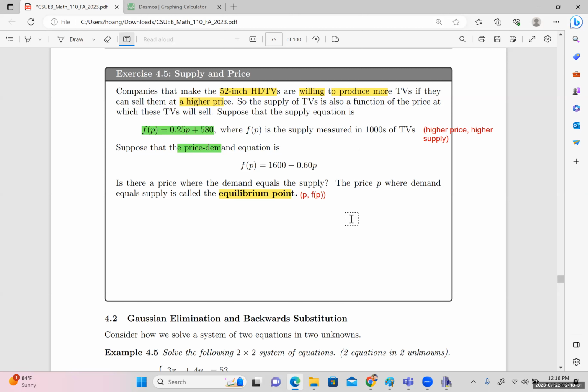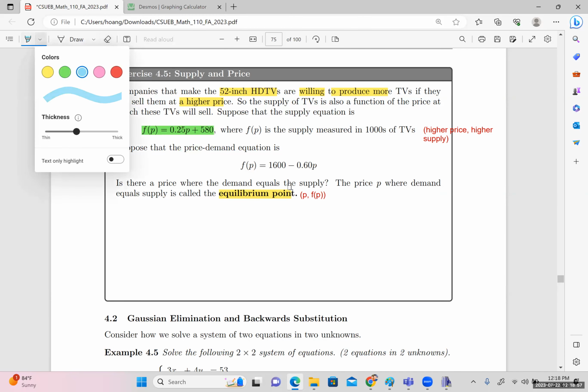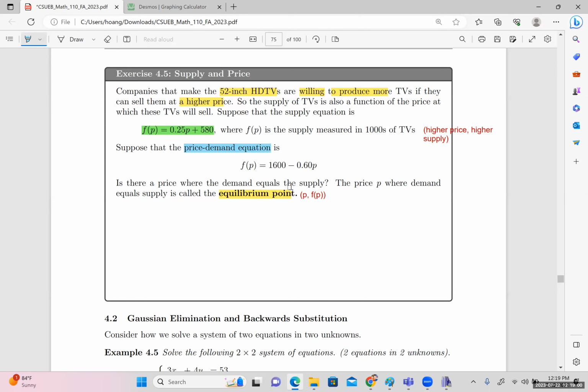The demand equation is f of p equal to 1,600 minus 0.6p, having a negative slope.